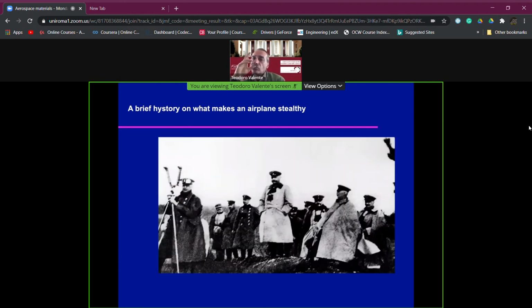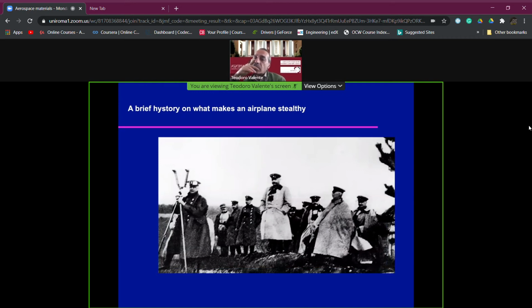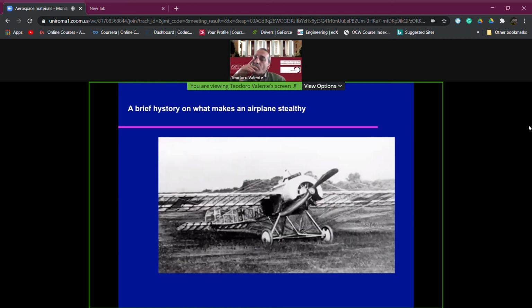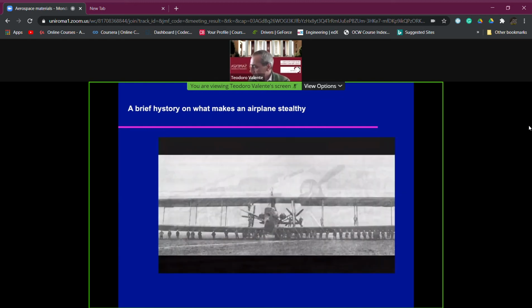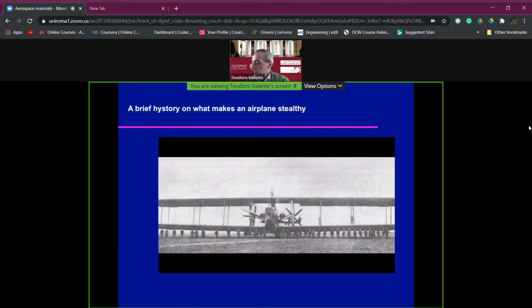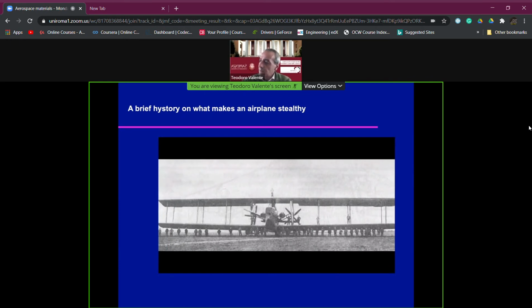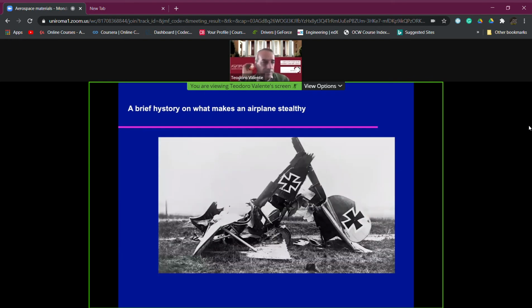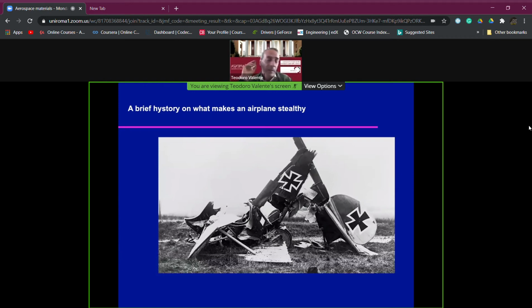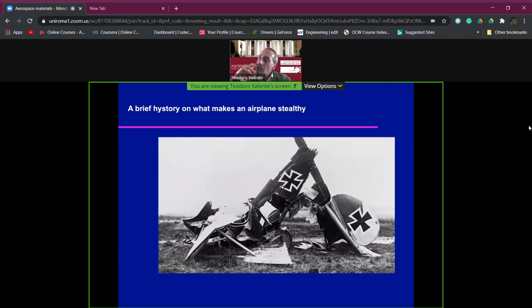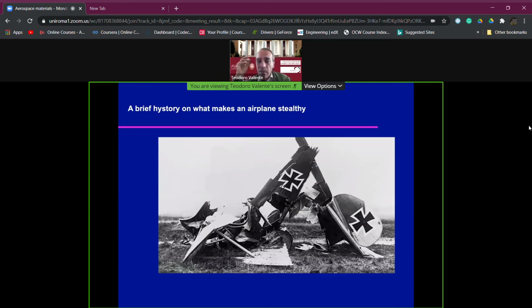Stealth technology can be traced all the way back to World War I, when the Germans experimented with the use of translucent cellulose acetate, a transparent covering material, to attempt to reduce the visibility of military aircraft. However, this never ended up working out too well, and instead made sunlight reflecting off the aircraft even more visible, and the idea was ultimately scrapped.